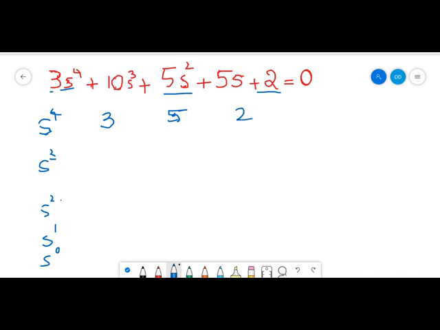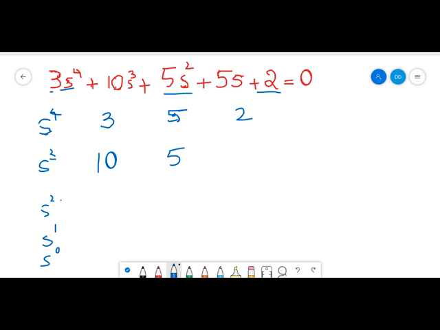Our second row contains the coefficients of s^3 and s. The s^3 coefficient is 10 and the s coefficient is 5.